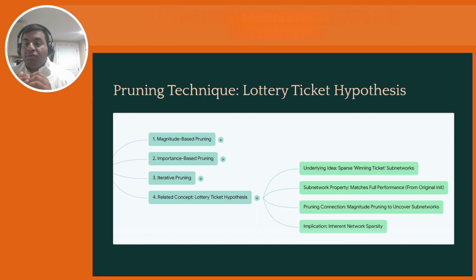Magnitude pruning is often used to uncover these small subnetworks after training the dense model. This hypothesis implies an inherent sparsity within neural networks and provides a theoretical underpinning for why pruning can be so effective without sacrificing accuracy. It's all about finding that subnetwork, which can be much more critical than the entire dense model.